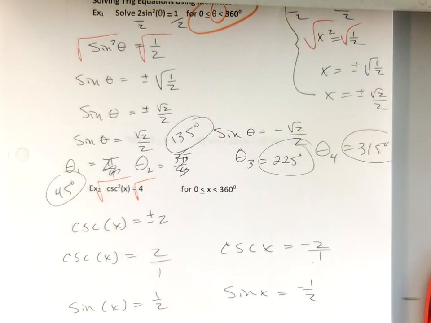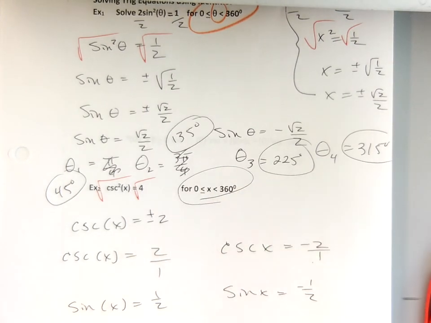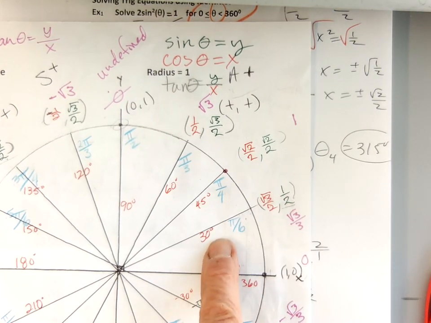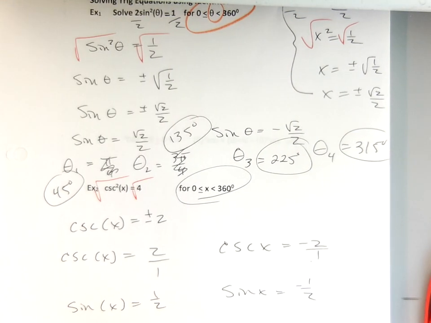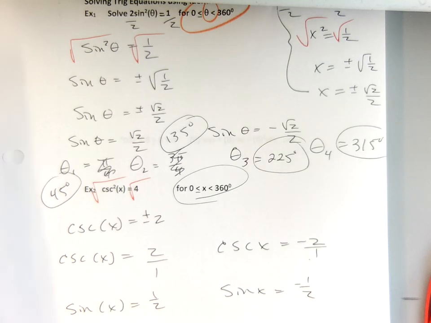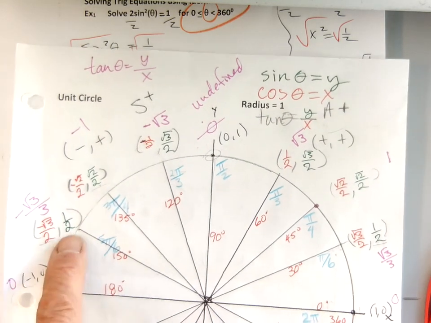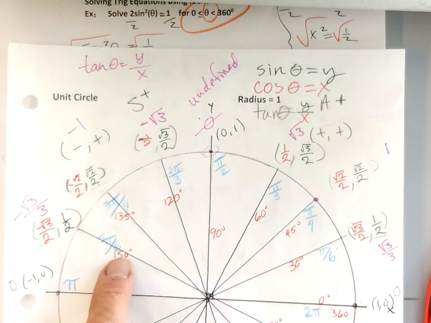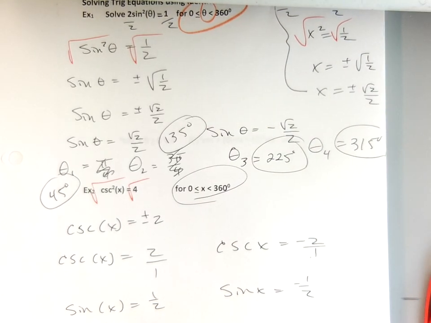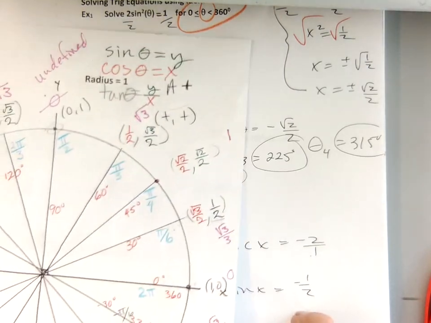And again, that's on my unit circle in degrees. I've got to remember I'm doing degrees because it says so right there. 1/2 for sine is 30 degrees. So x1 is 30 degrees. x2: 1/2 for sine is here at 150 degrees. Negative 1/2 for sine.